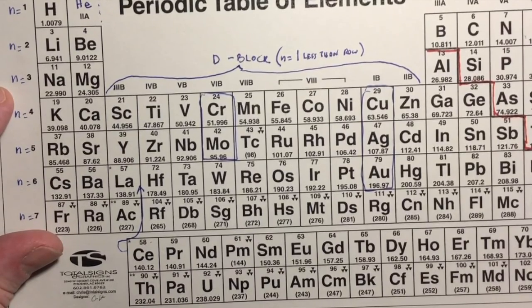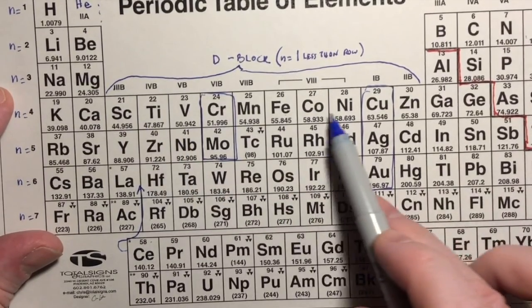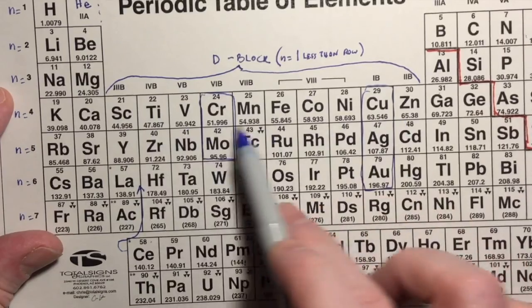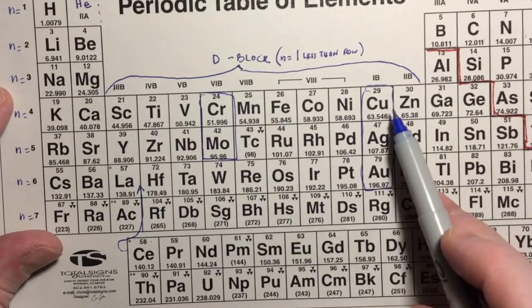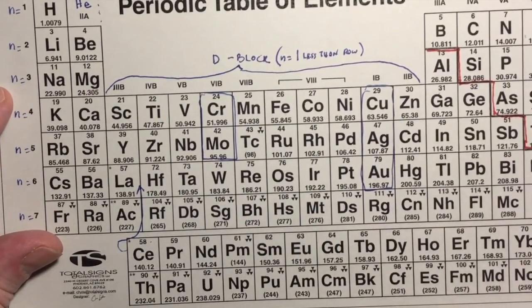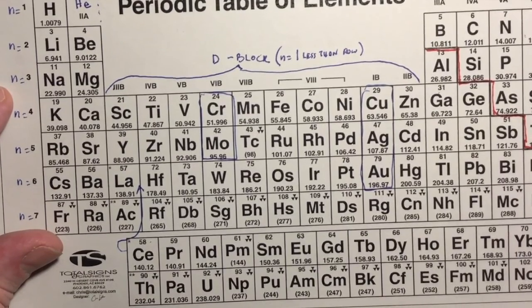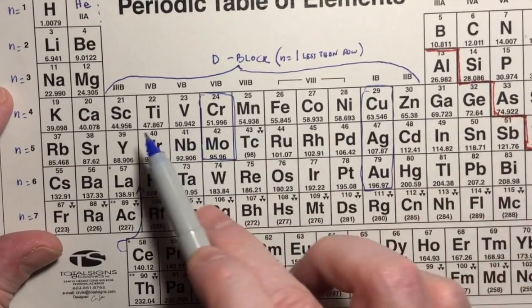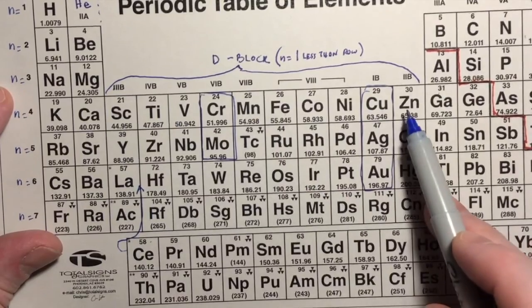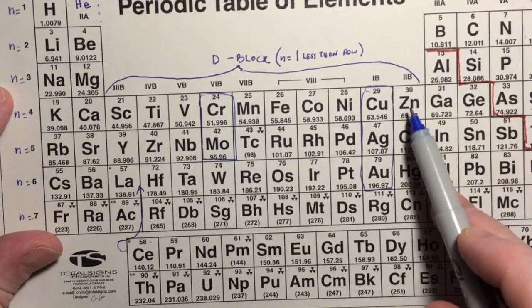So in their valence level, they have an empty 3d subshell. They have no electrons in that 3d subshell, but they have access to it because their valence level is n equals 3, and so they can place electrons in that 3d subshell if they need to.